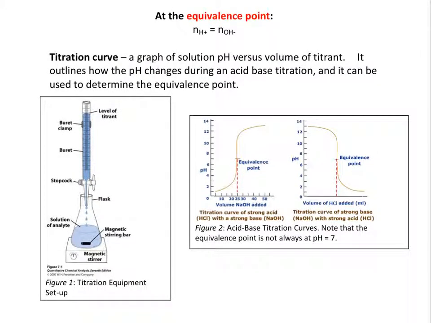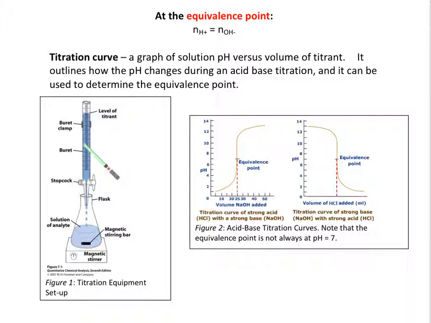To take this from the top, if I have my acid of known concentration in my burette, and I continue to add that acid until I see a change in color, I will be able to measure the volume of acid that was added.